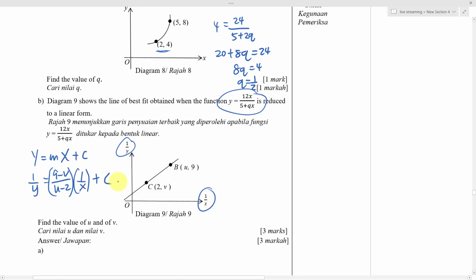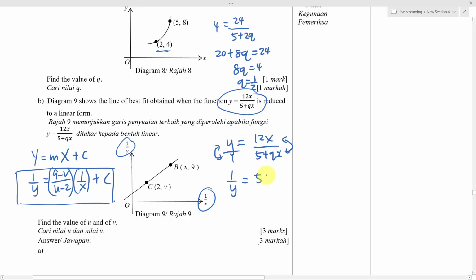Alright, so right now my objective is I want to make my equation look like the equation I have it here. So I have y equals to 12x over 5 plus qx. This is y over 1, right? I'm going to flip over both equations here. Make it become 1 over y equals to 5 plus qx over 12x. And then what I will do next is I will just split them.